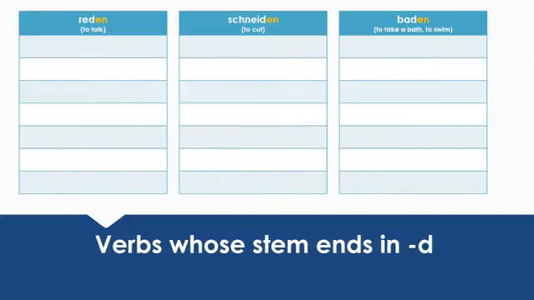Now let's take a look at some verbs whose stem ends in D. And the same rules apply here. So we add an additional E in the second person singular, the third person singular, and the second person plural. The verbs we're going to take a look at are reden, to talk, schneiden, to cut, and baden, to take a bath or to swim. Ich rede.